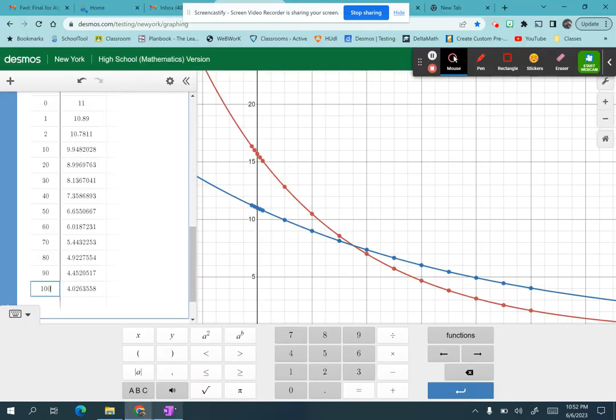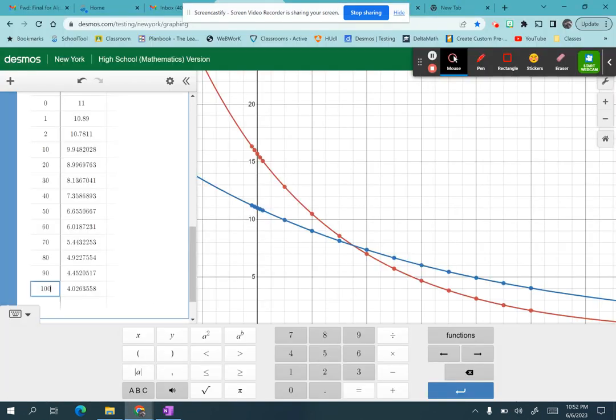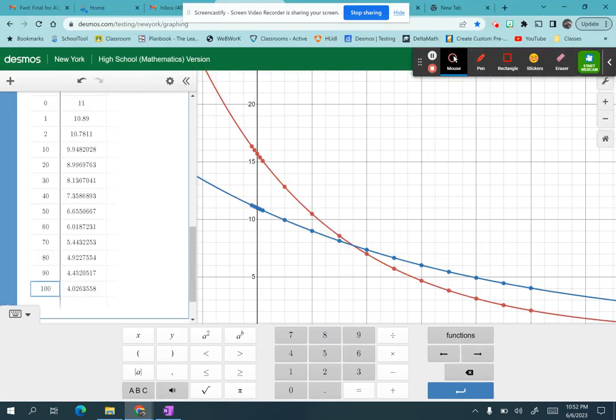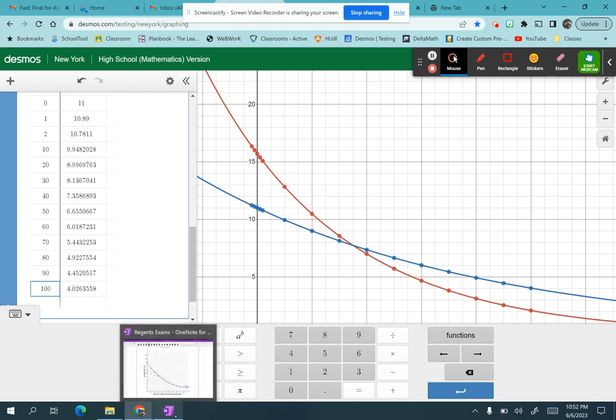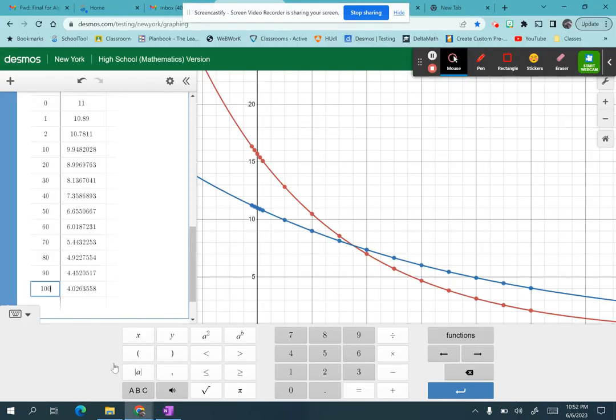At 50, we're 6.7. At 60, we're a little bit more than 6. And then 5.4, yep.